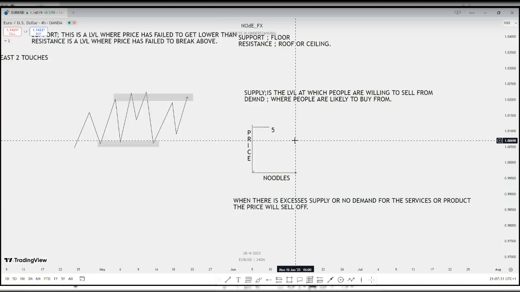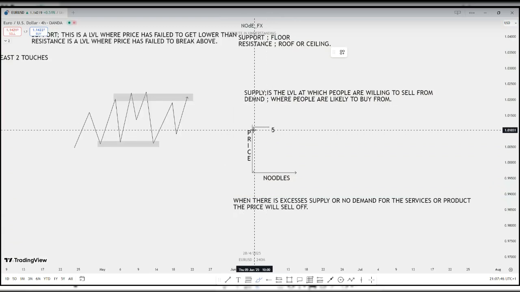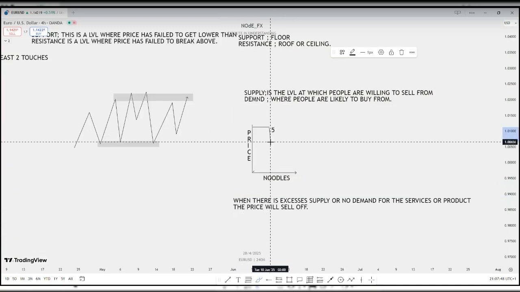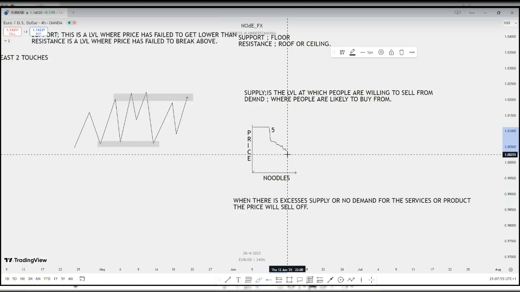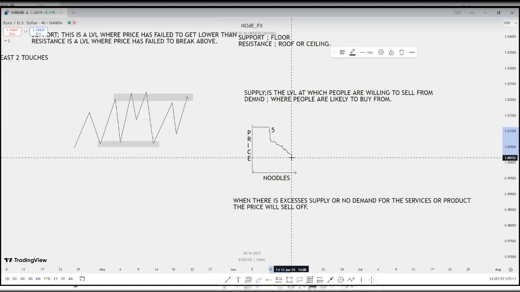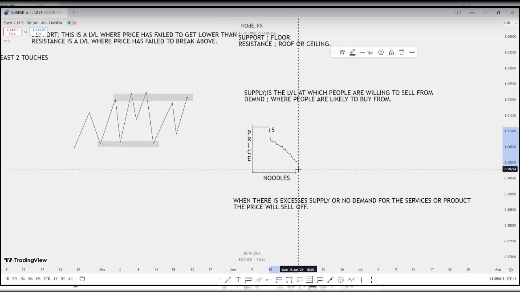When the product is too much, or when there's excess of the product, the value of that product reduces. Just like in this noodles case, when there's too much noodles in the circulating system, the value tends to what? To depreciate, which is what causes the bearish market. The prices start to depreciate to a point whereby people are going to start needing it again.